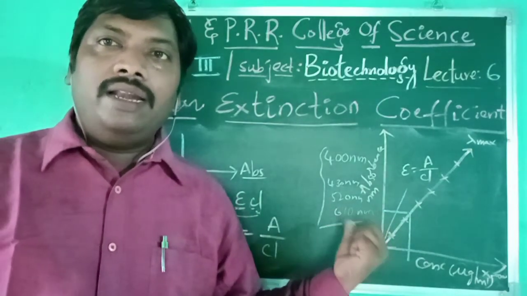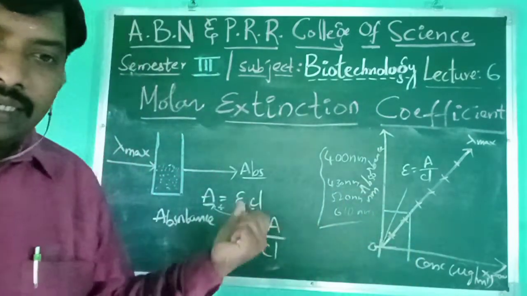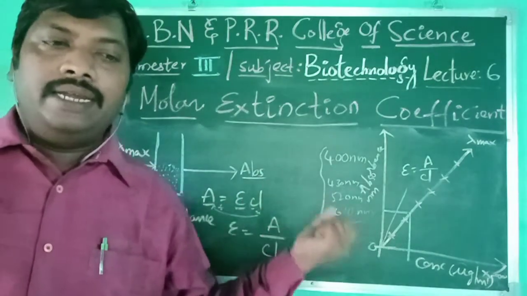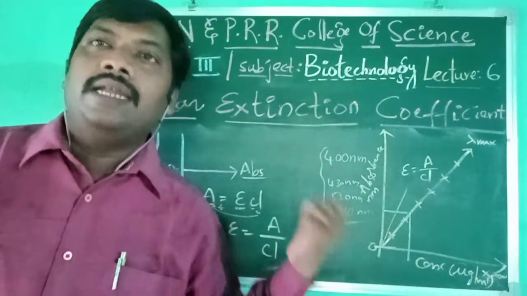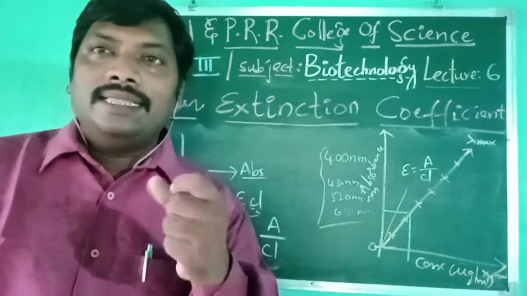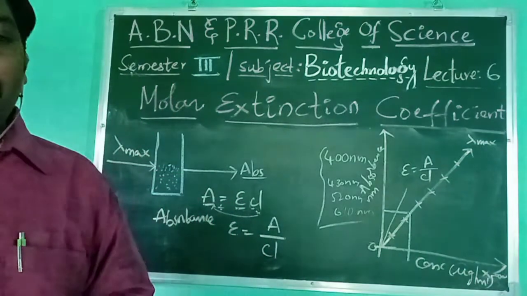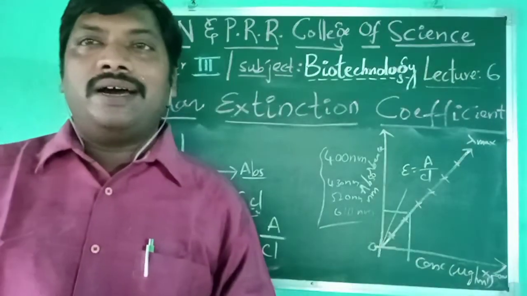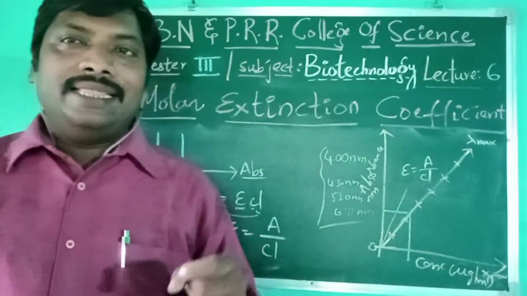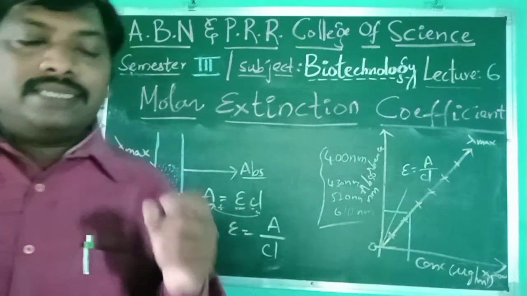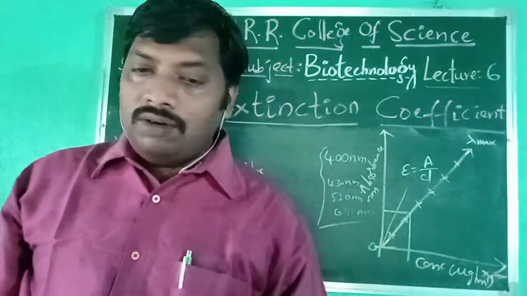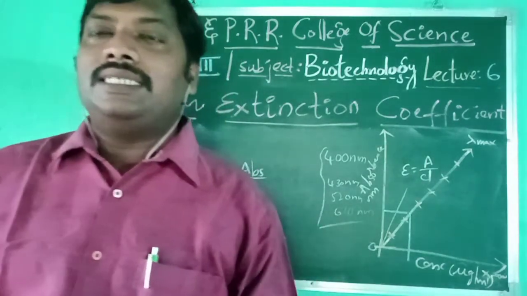So finally we conclude the extinction or attenuation coefficient. This attenuation coefficient has three categories. The first one is the absorption coefficient or attenuation coefficient, the second one is the mass attenuation coefficient, and the third one is the molar extinction coefficient.